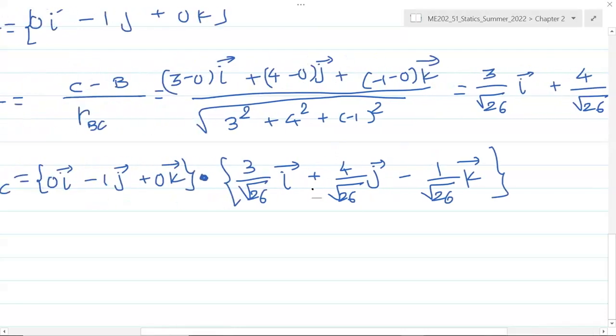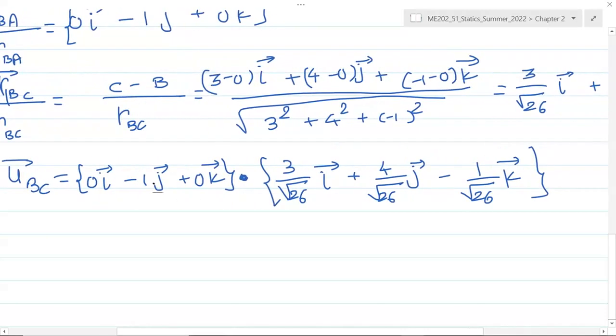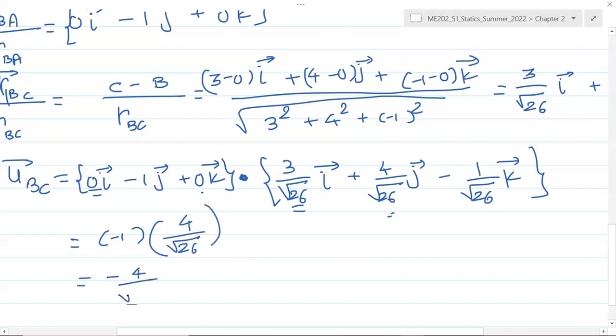Okay, so basically what we need to do now is multiply 0 with this number, which gives us 0, minus 1 multiplied by this number gives minus 4 divided by square root of 26, and 0 multiplied by this number, again that gives 0. So the only number that we care for is minus 1 multiplied by 4 divided by square root of 26, and that's minus 4 divided by square root of 26.